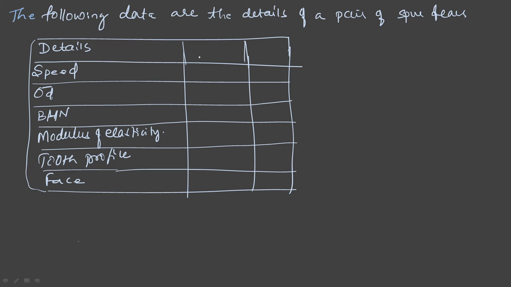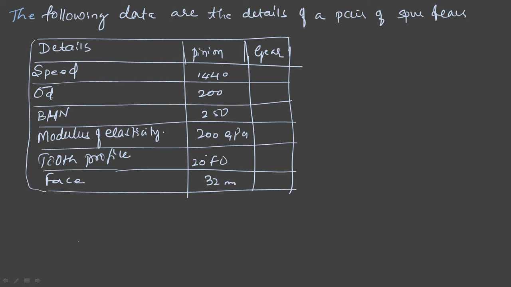First is pinion, second one is gear. So this is 1440 rpm, sigma d is 200, BHN is 250, modulus of elasticity is 200 gigapascal. Tooth profile is 20-degree full depth involute.